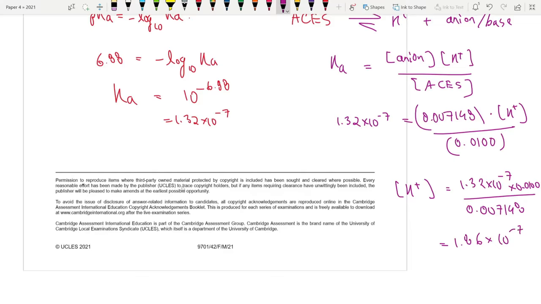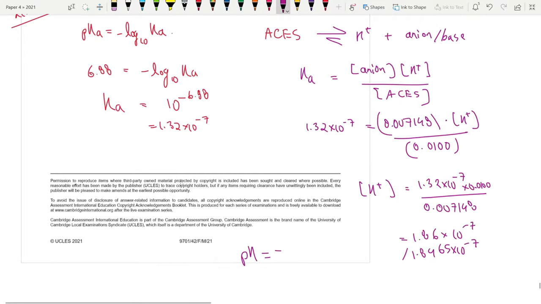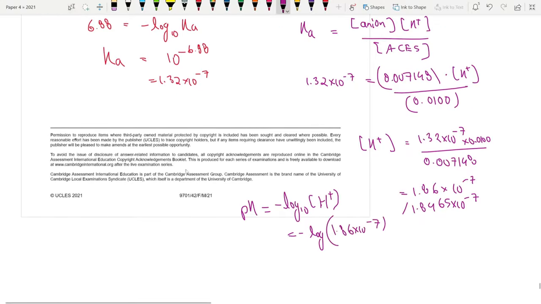Or, if you use your calculator answers, you would get 1.8465 into 10 to the power minus 7. That's okay. Now to find out the pH of the buffer solution, pH is equal to minus log base 10 H plus, so that's going to be minus log 1.86 into 10 to the power minus 7. You're going to get a final answer of 6.73. So that's the other option.